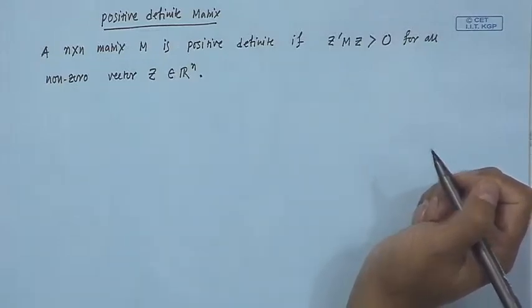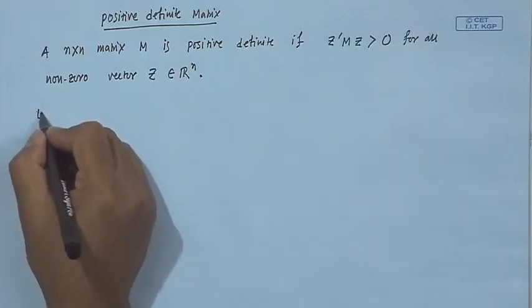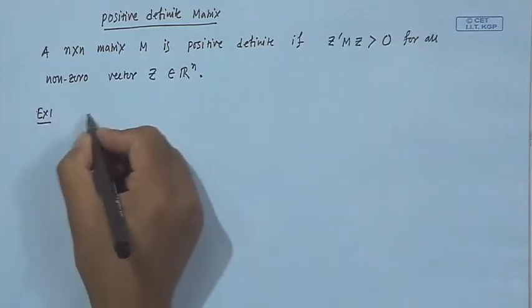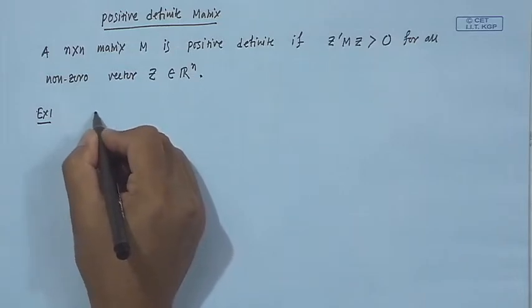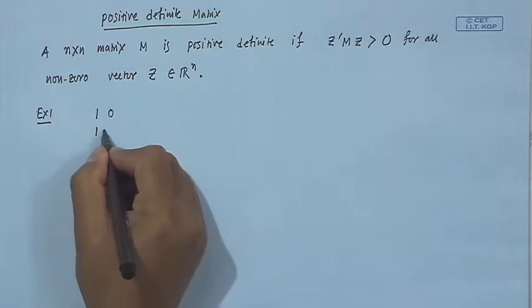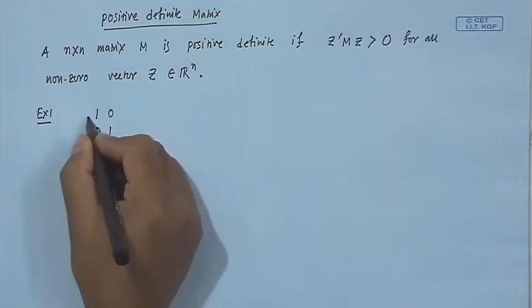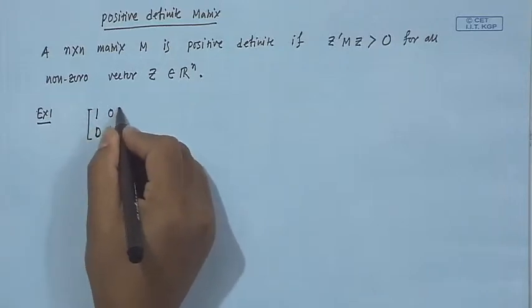To make this definition clear, I will give some examples of positive definite matrix. Example 1, this is basically I 2, the matrix 1 0 0 1. Consider this matrix.